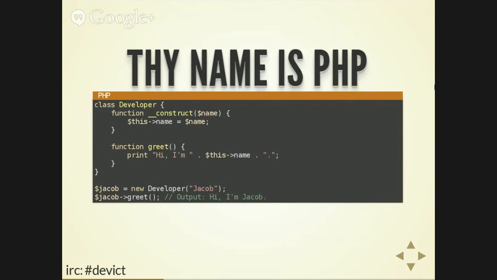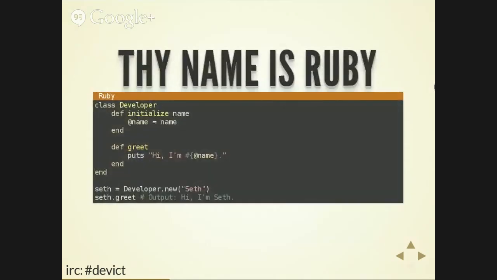Let's look at that in Ruby. Really similar. Ruby syntax, if you're not familiar with it, doesn't typically require parentheses, like in a lot of classical programs. So when I define my initializer method, my constructor, I'm going to tell it that I'm going to accept one argument called name.